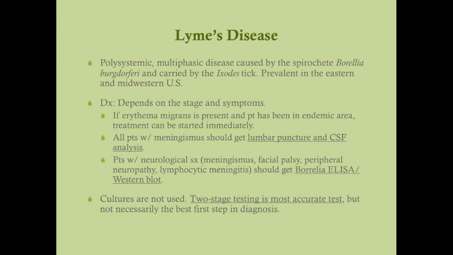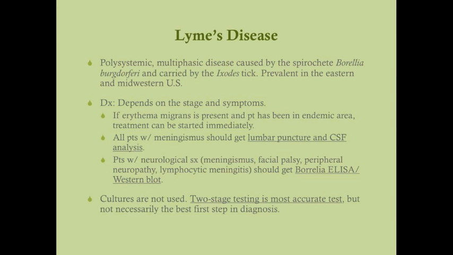So if the patient has Erythema migrans, if they have that rash, and you see that rash, and the patient is in an endemic area, or they have been to an endemic area, then you can just go ahead and start treatment immediately. You can make a presumptive diagnosis of Lyme's disease. So, for instance, living in Minnesota, if a patient came in here with Erythema migrans, I would go ahead right away and treat them for Lyme's disease.